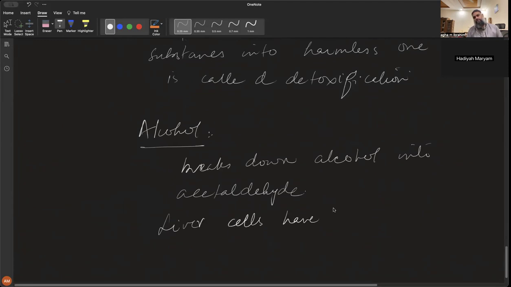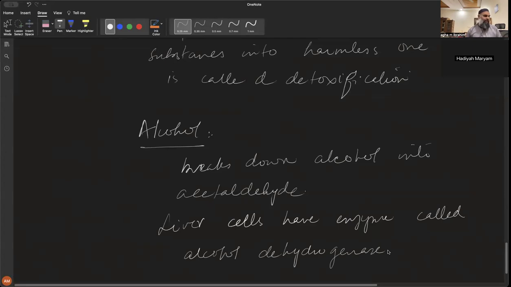This is done by liver cells, which have an enzyme called alcohol dehydrogenase. This is the adaptation of the liver cells.